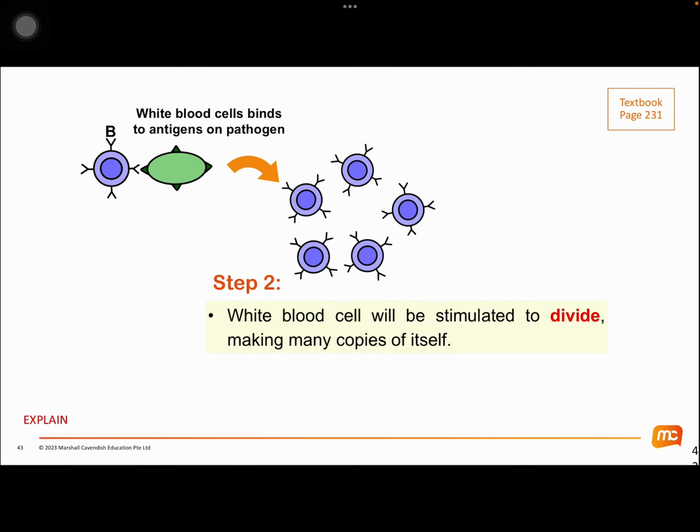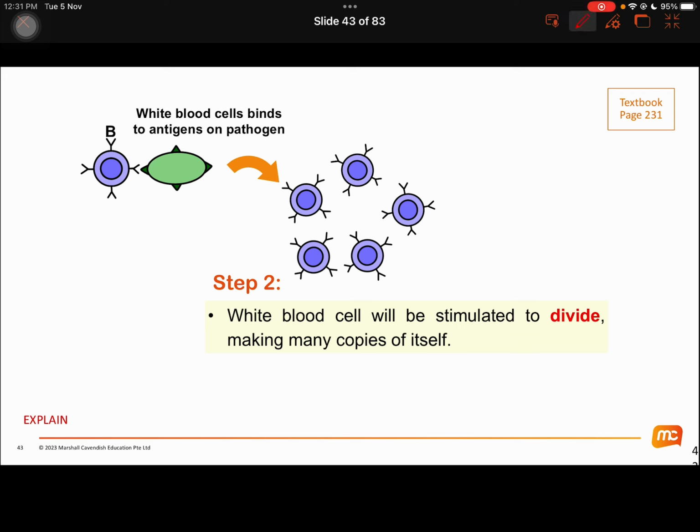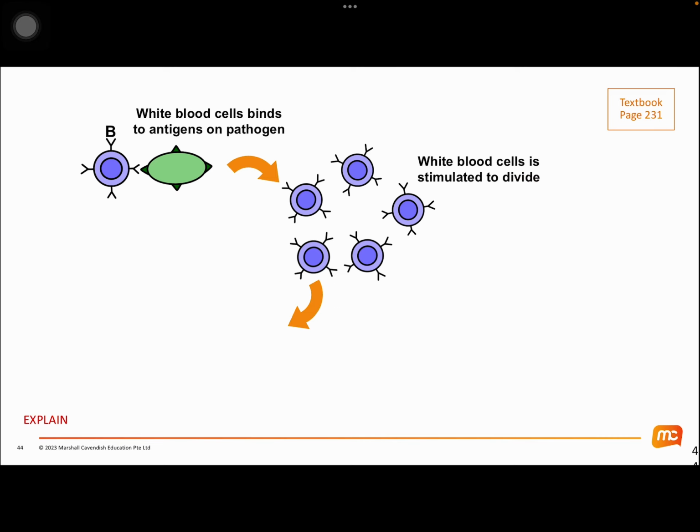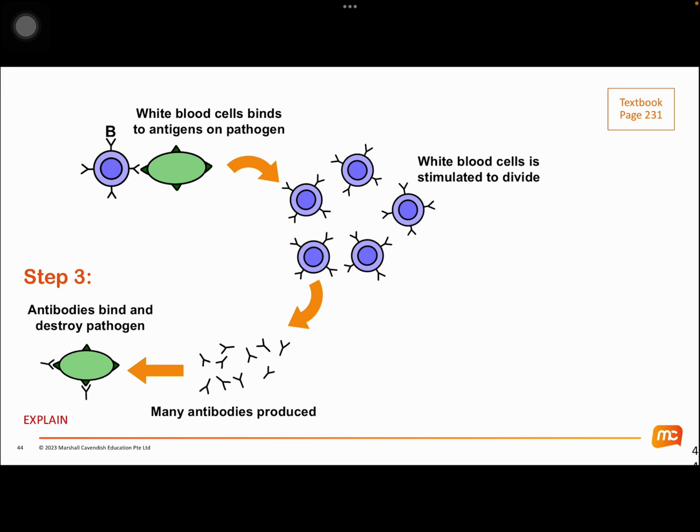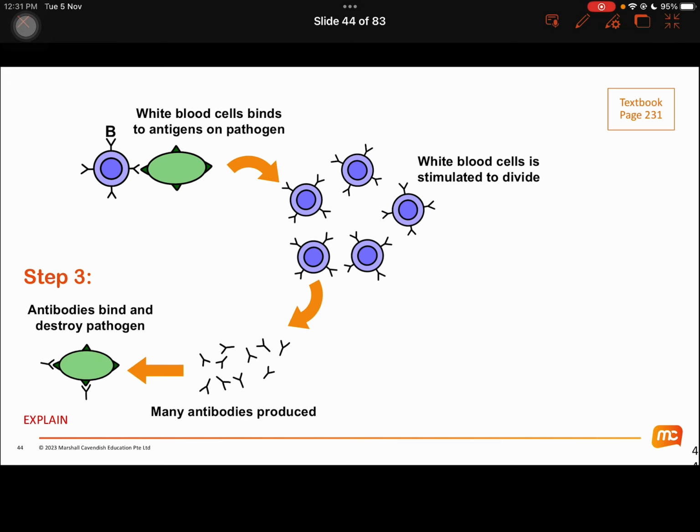Upon successful binding, your white blood cells will be triggered to divide and make many copies of themselves. Then, your white blood cells will produce many antibodies.